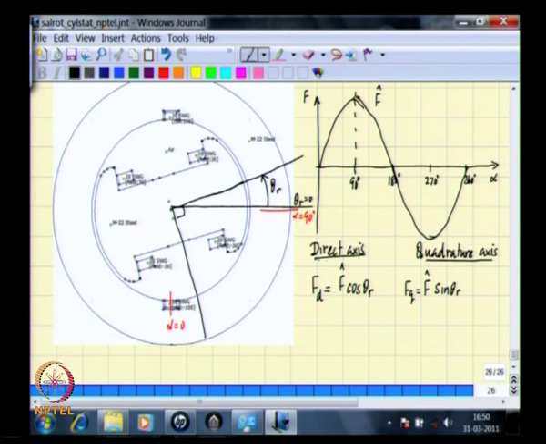The MMF resolved along the direct axis has its maximum value at the direct axis and is subsequently sinusoidally distributed elsewhere, and therefore we can write the total distribution as cos of alpha minus pi by 2 plus theta r. This would then be cos of alpha minus theta r.